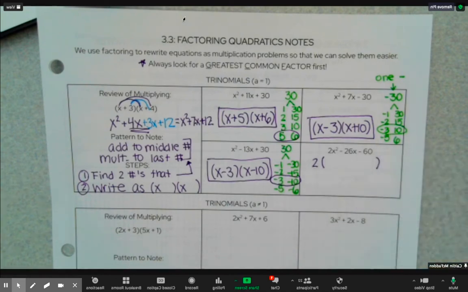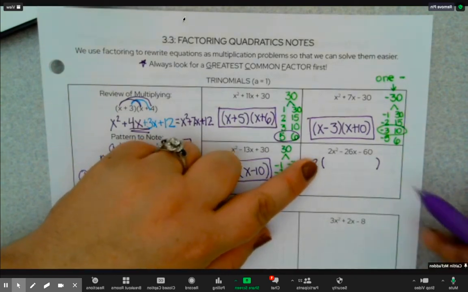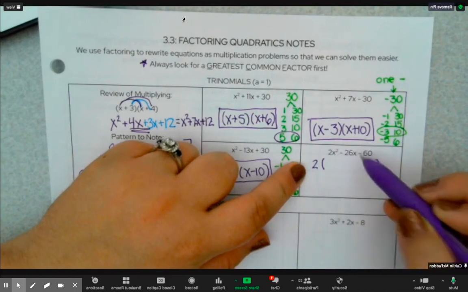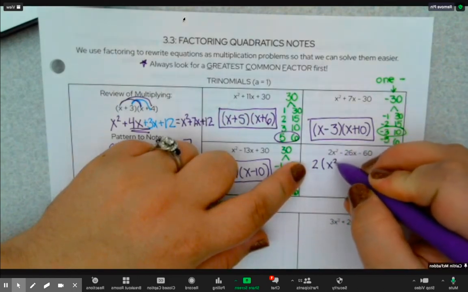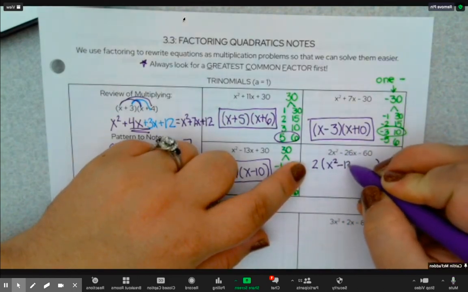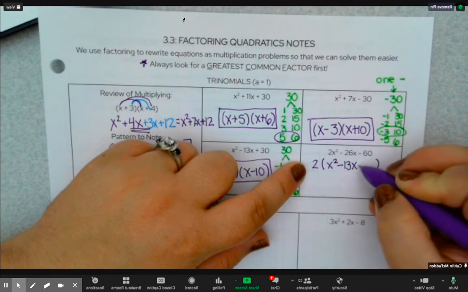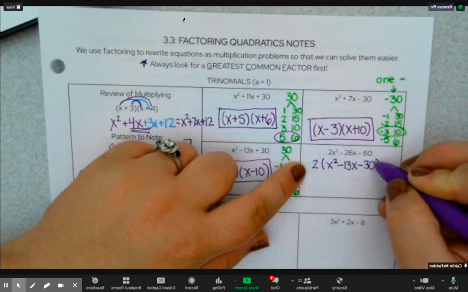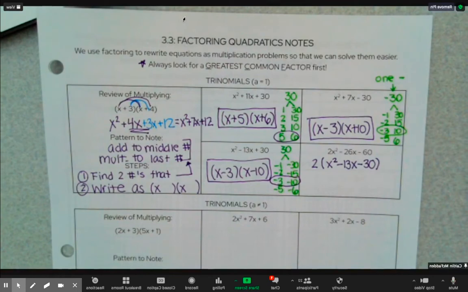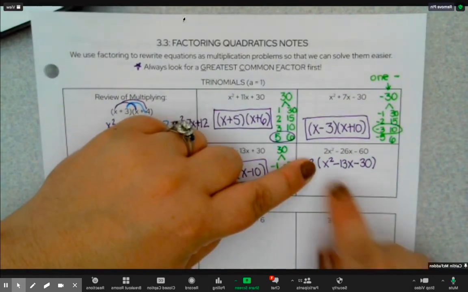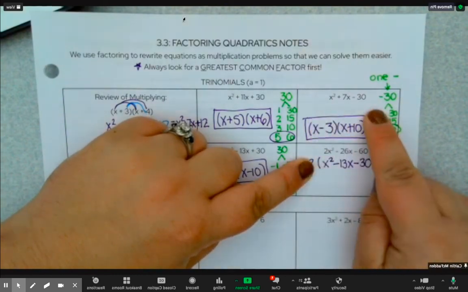And if we just get rid of the 2, then that's not going to happen. So we just set it outside, and then we're going to kind of just forget it's there for a second after we divide these by 2. So 2 divided by 2, negative 26 divided by 2, negative 60 divided by 2. Then, covering up the 2, this problem is just like these.